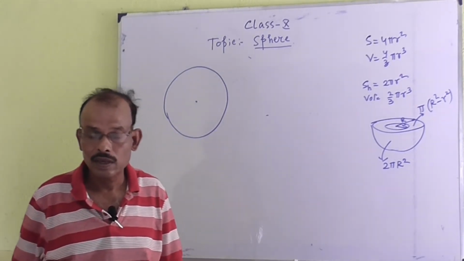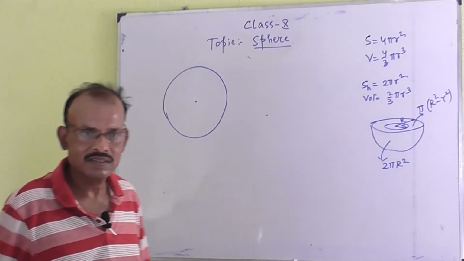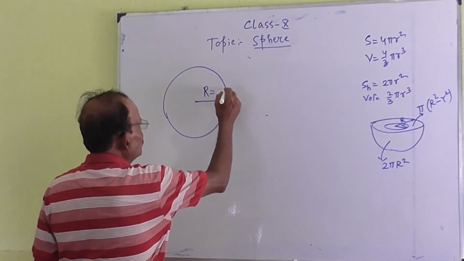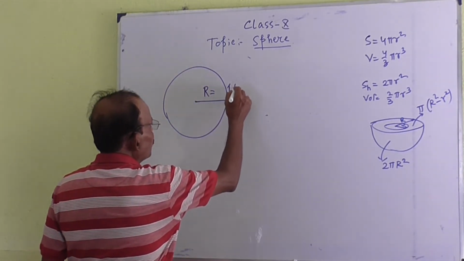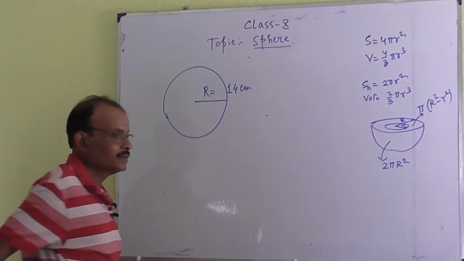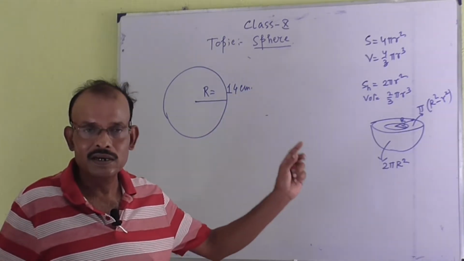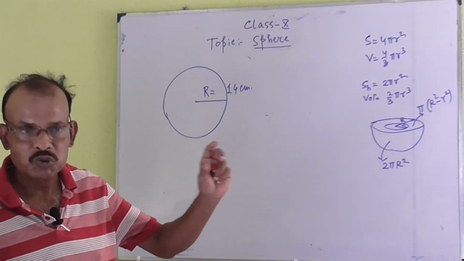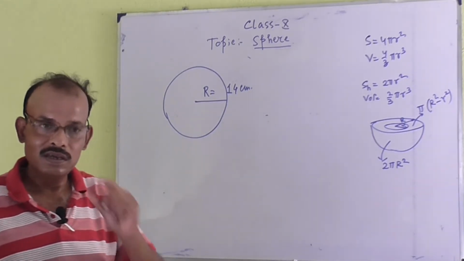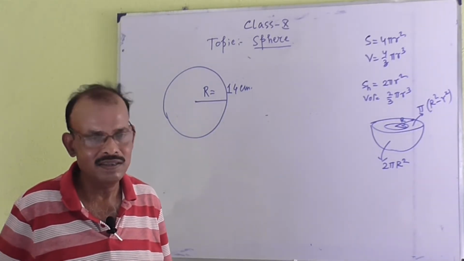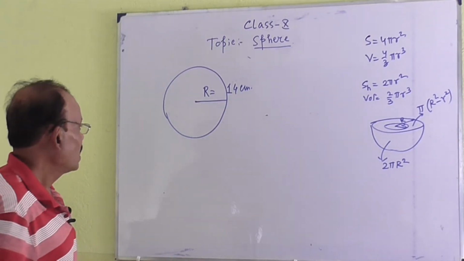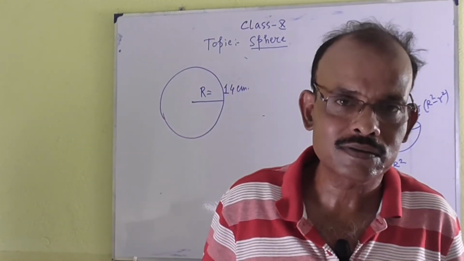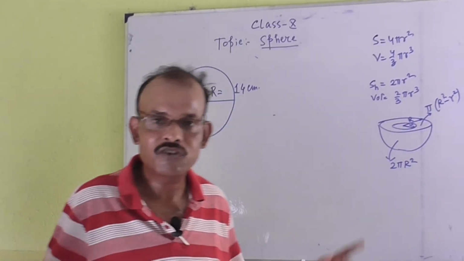Its radius, let us choose that its radius be capital R equal to 14 centimeter. It is melted and recast into small spheres. Each radius be taken same. Clear? Now, the question is, how many small spheres will be formed from these big spheres?